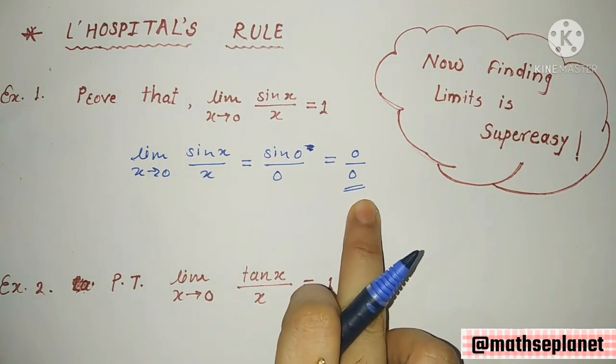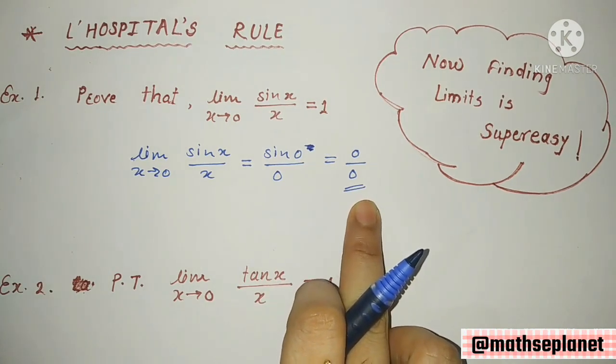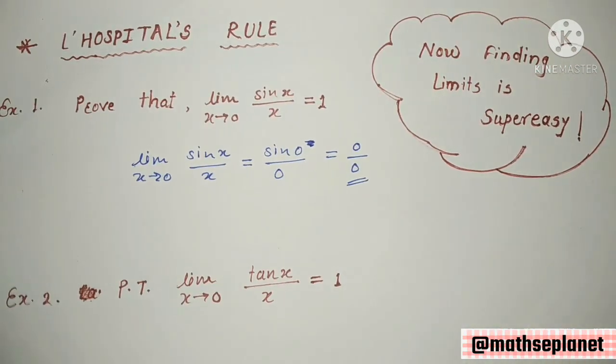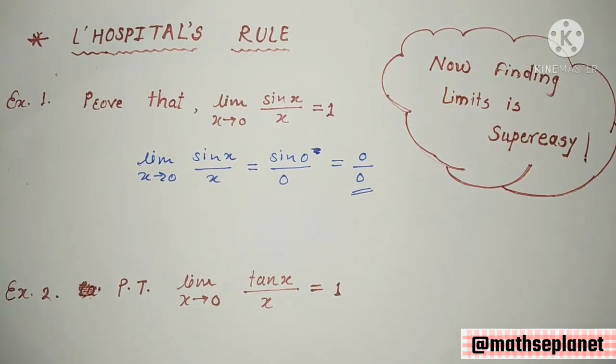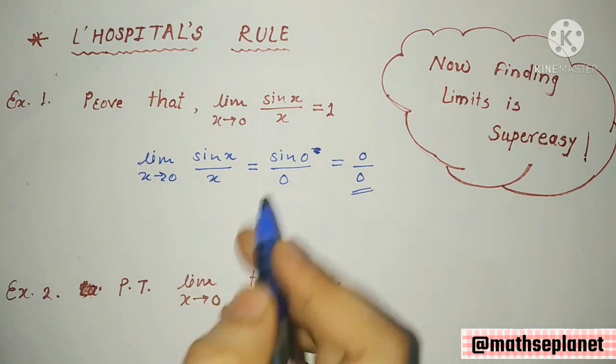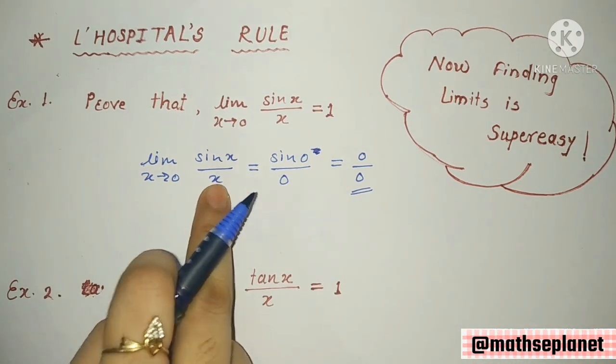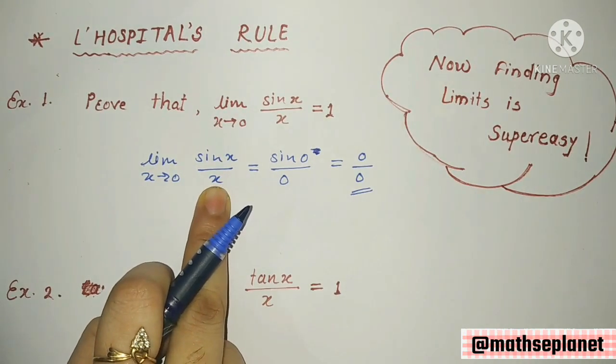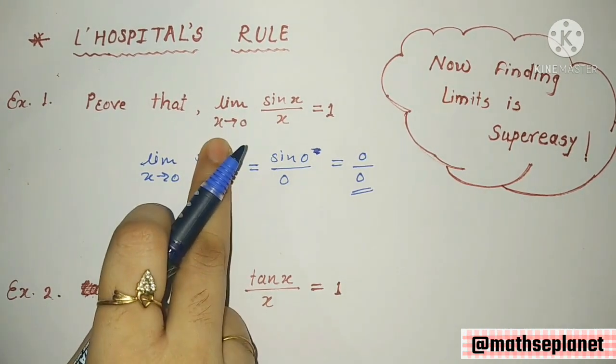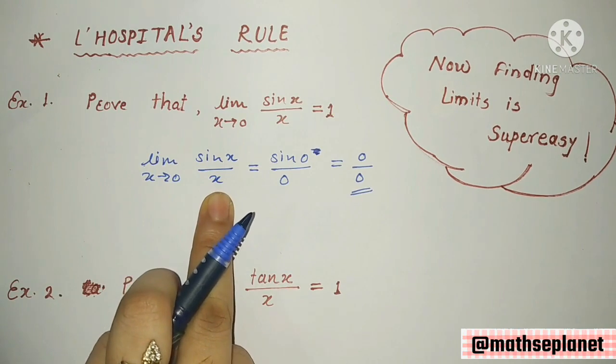So 0 by 0 is the indeterminate form, and so we can use L'Hopital's rule here. To use L'Hopital's rule, we have to take the derivative of the numerator and denominator separately.